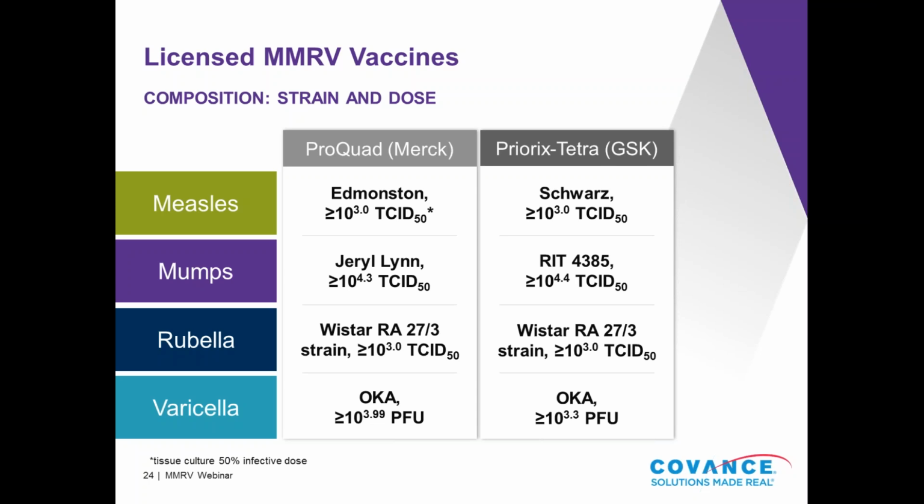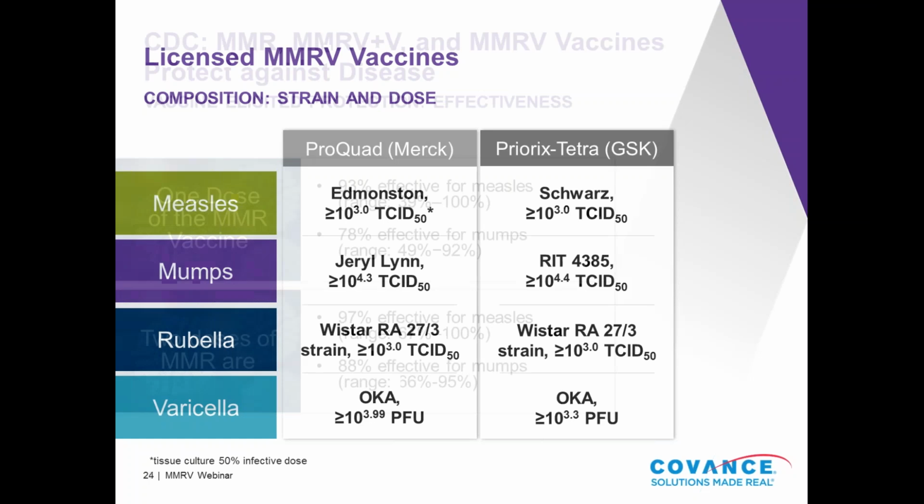And they also have the same varicella strain, the Oka strain, but with different titers. Both vaccines have performed similarly in clinical evaluation and achieve equivalent efficacy levels. Thus, it is not a surprise that the CDC position regarding the use of these vaccines and their effectiveness is the following.